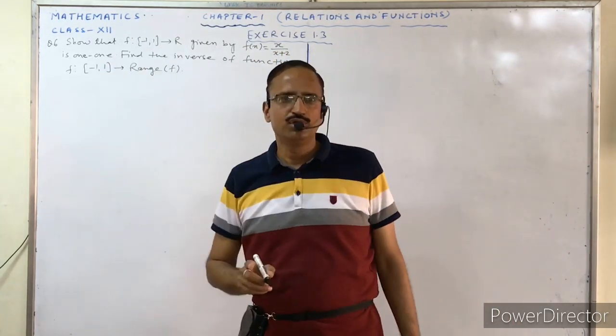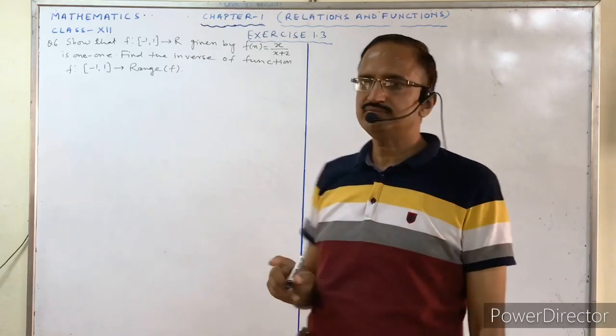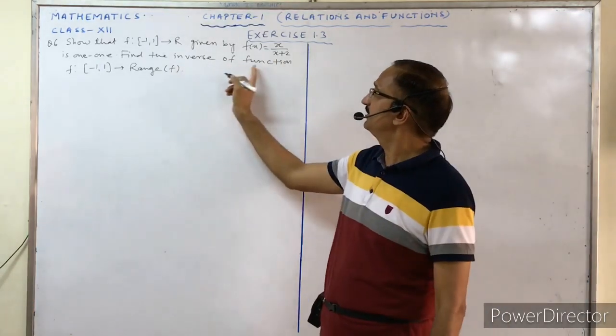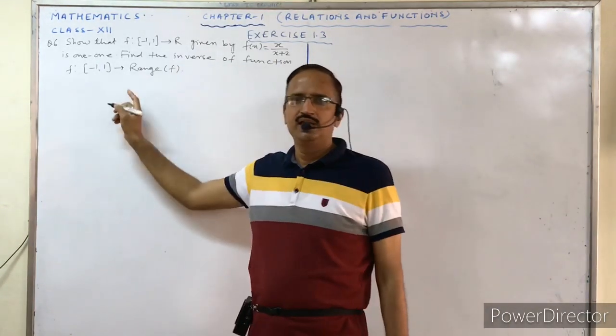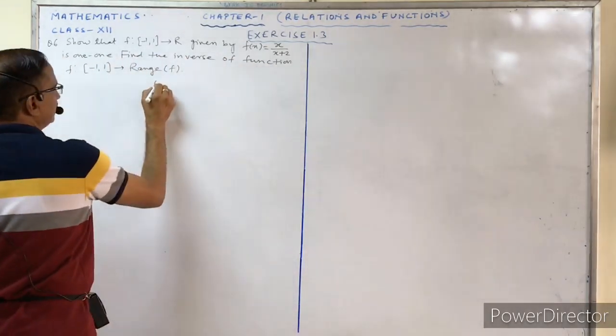First of all, we have to show that this function is one-one. Then find the inverse of this function.